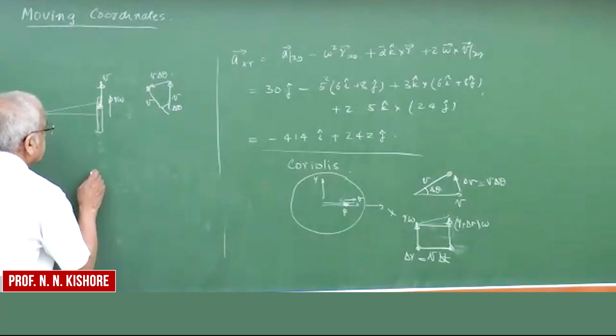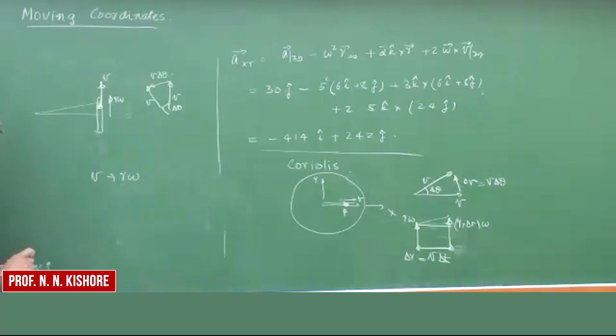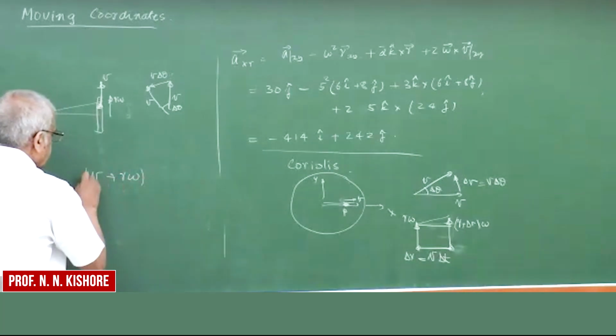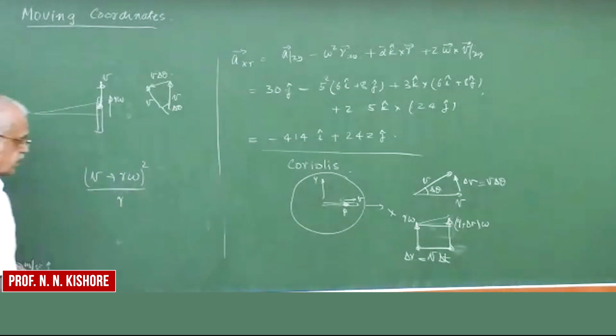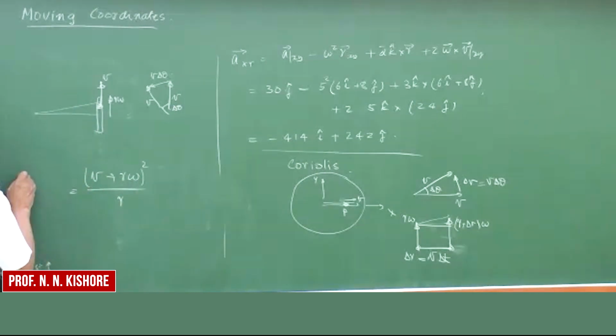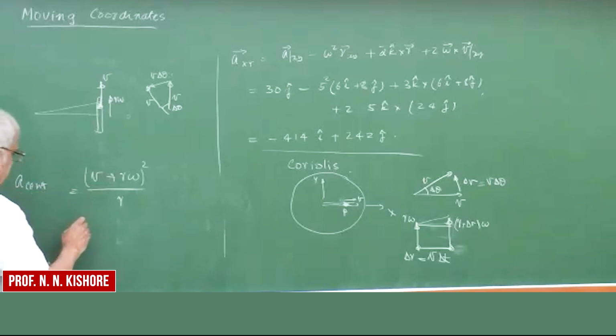So the total velocity here is v plus r omega, and if you look at the centripetal acceleration, this is by r. So this is the centripetal acceleration. Okay, so in this centripetal acceleration, we have several things.